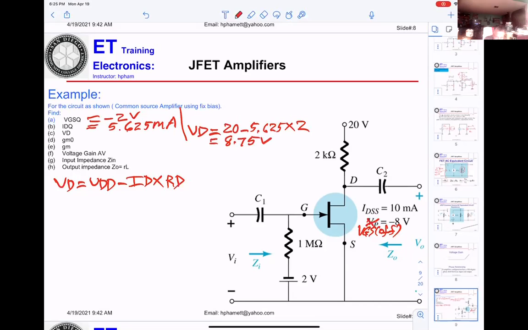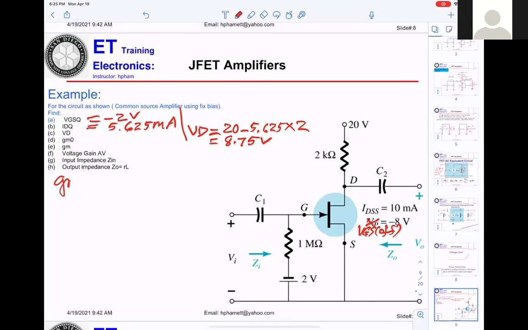Okay, now calculate the GM0. Is it 2 times IDSS, divided by VGS?